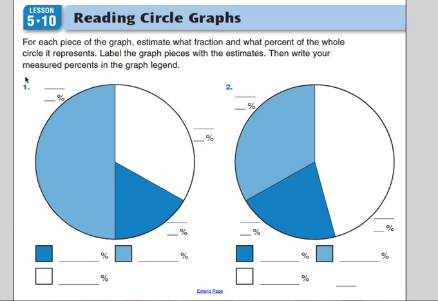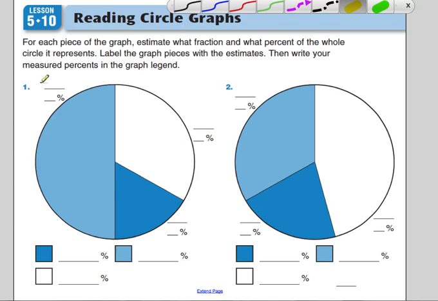Okay, now before you get started at this, I want you to really think about what those directions just said. It told you first to estimate. It's a little bit confusing sometimes with all these lines, so I'm going to show you what they mean. They have a blank line and a blank line with percent by each section of the circle graphs.